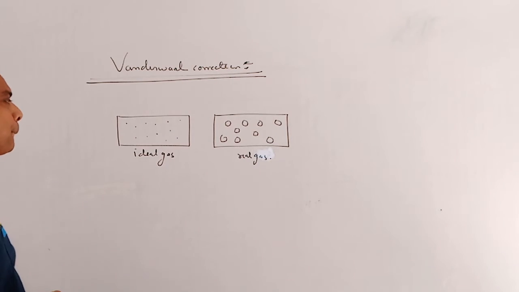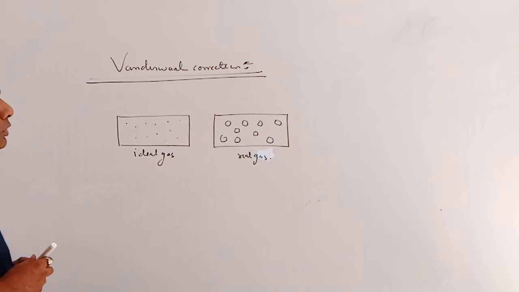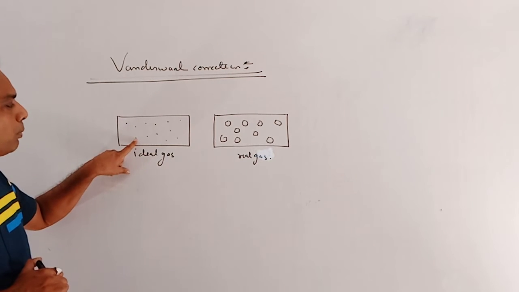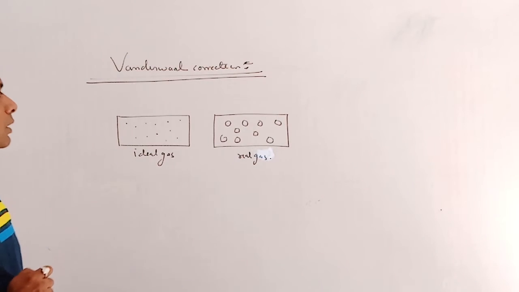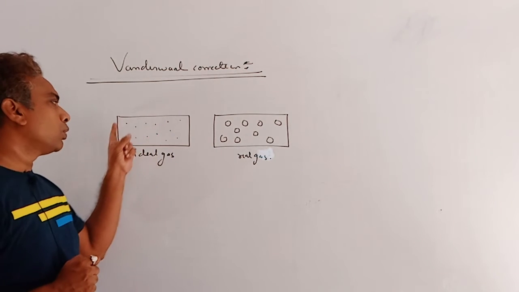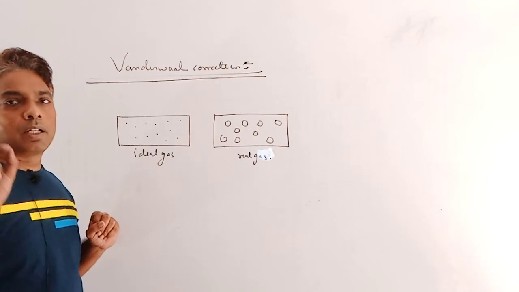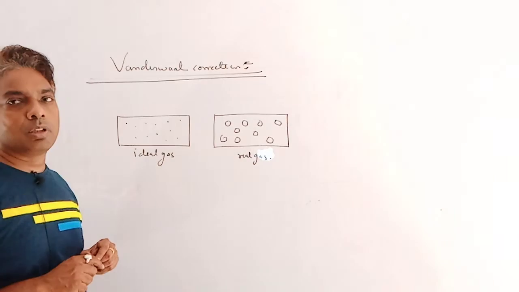Now, in case of ideal gas, the volume occupied by the particles of ideal gas is negligible as compared to the total volume occupied by the ideal gas, since the particle size is very small.